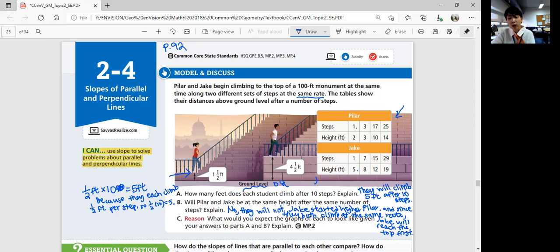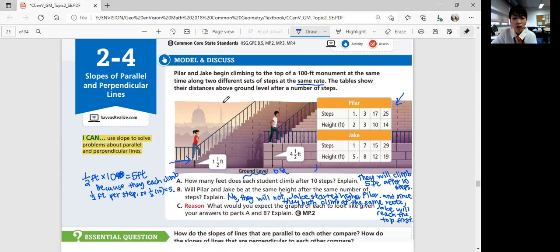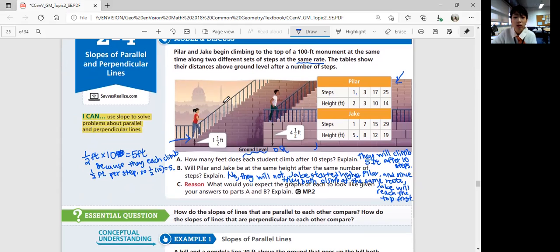Okay, so if you graph the line for Pillar, right? You start with 1, step 2. And then Jake starts at 1, 2, 3, 4, 5. And then they go up at the same rate.